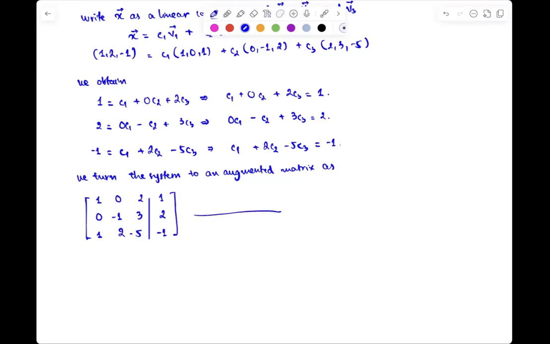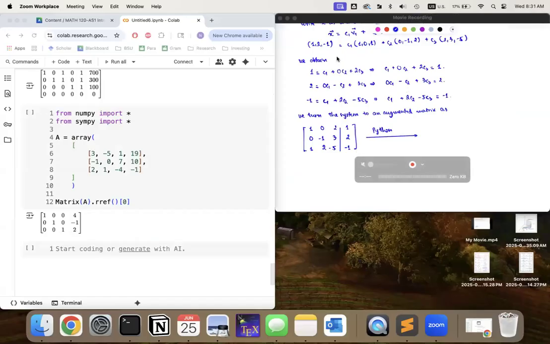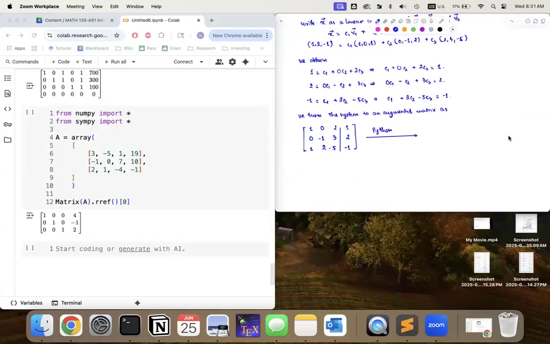Okay. And we're going to use Python for these quick calculations. So let me take a second to pull up the code. Now we have a system, and we can turn that into an augmented matrix. I'm going to input this information into the code. Let's say I want to modify this particular array, or matrix, right?